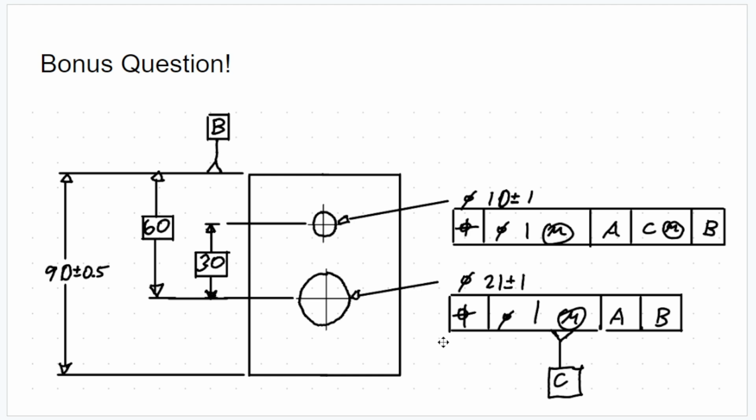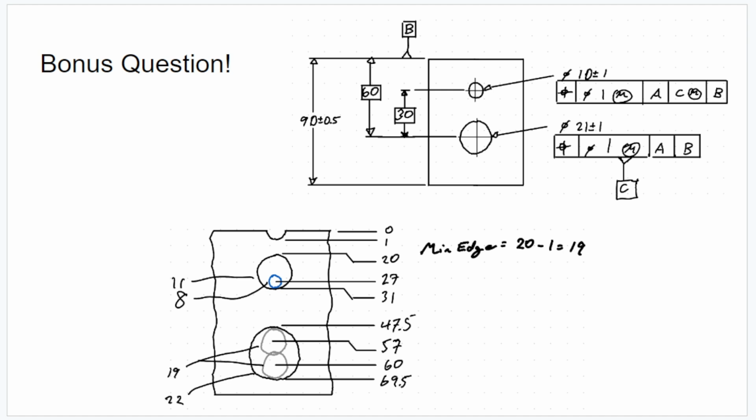I'll just give you a minute to do that. Okay, and solution's coming in 3, 2, 1. Whoops. 3, 2, 1. There we go. So the minimum edge thickness is 19 millimeters instead of what we calculated, which was 19.5.